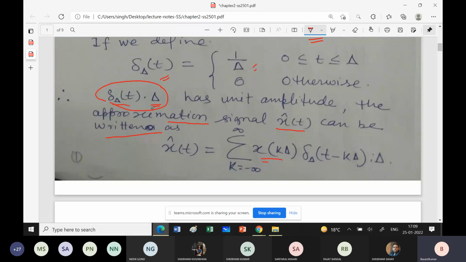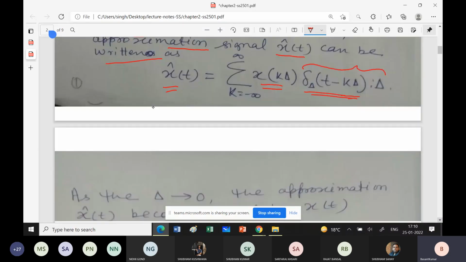So this is representing the magnitude, this is representing the pulse appearing at some delta step, at k delta, and this delta is multiplied, so this overall multiplication is going to give you unity, and you just do the summation from k equal to minus infinity to infinity. So you are able to compute the estimate of the signal x(t).